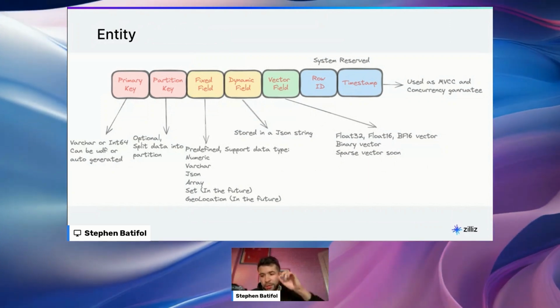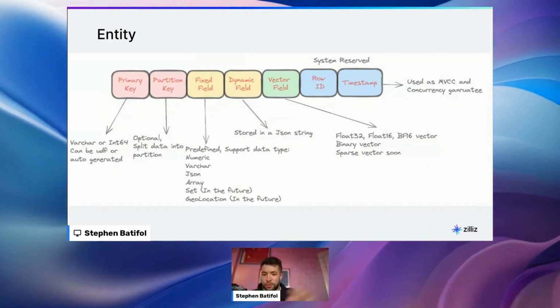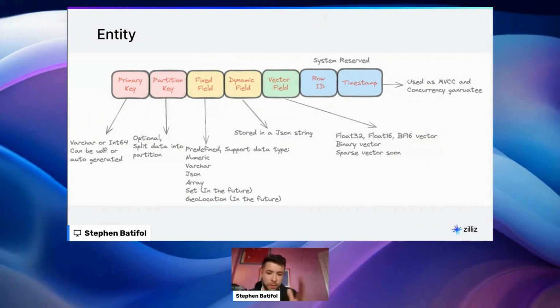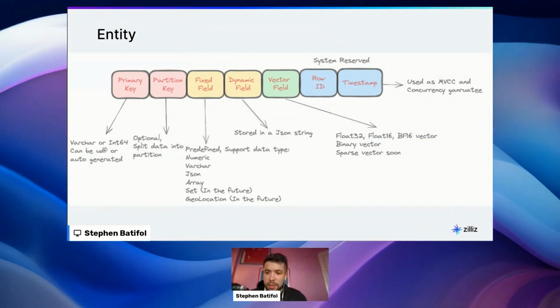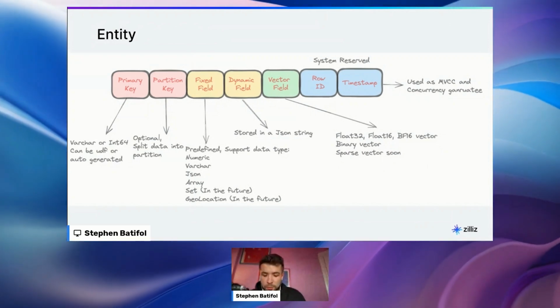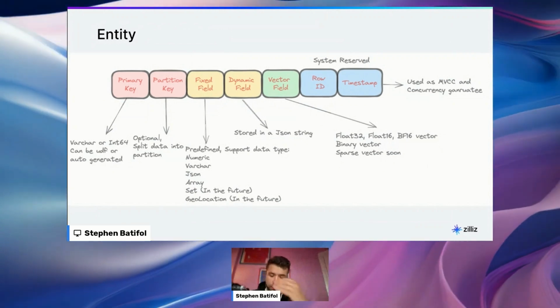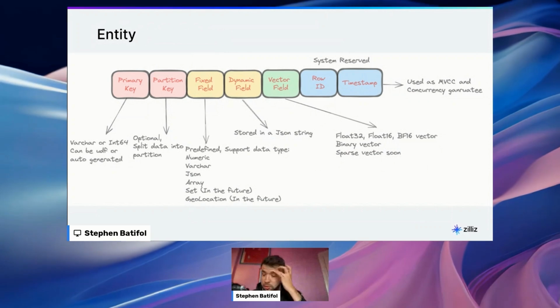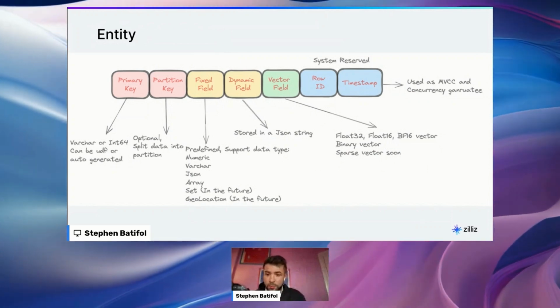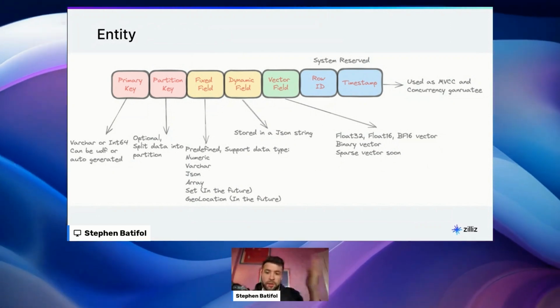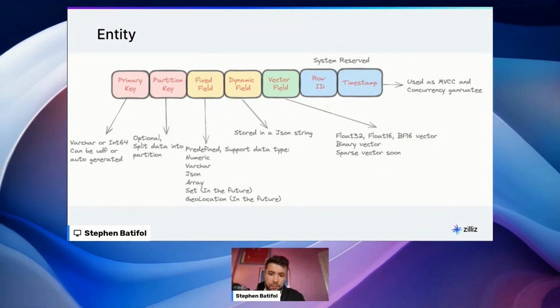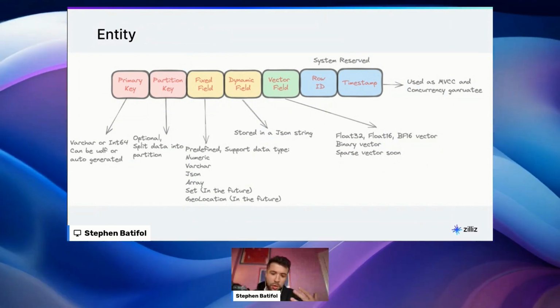You have then dynamic fields, which allow you to store everything in JSON. So this one, you can store everything that you want. It's dynamic, as the name mentions. If you want to store some metadata or something and you don't really know the schema, then you can put it in the dynamic field. You have then the vector field, and then you have different things that are reserved for the system, which help you with concurrency in general.